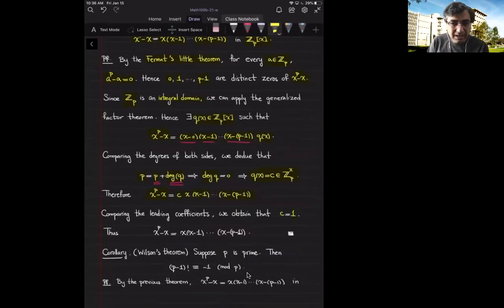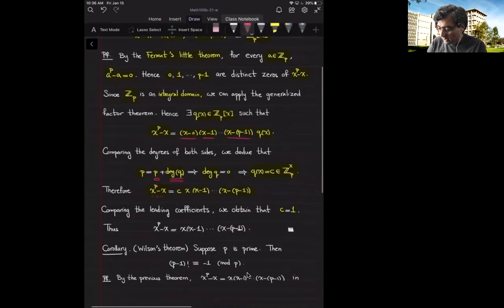So the constant c is indeed 1. Plugging in c equals 1, we deduce that x to the power p minus x is x times (x minus 1) ... (x minus (p minus 1)).